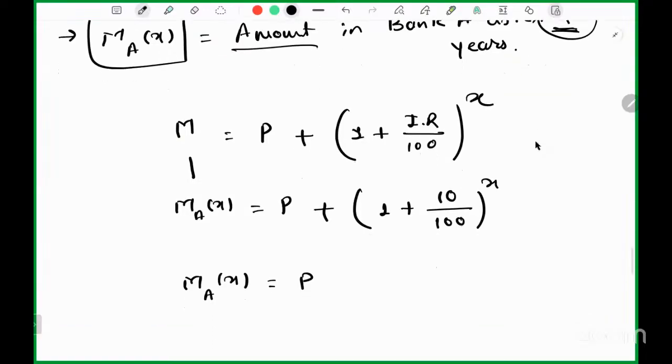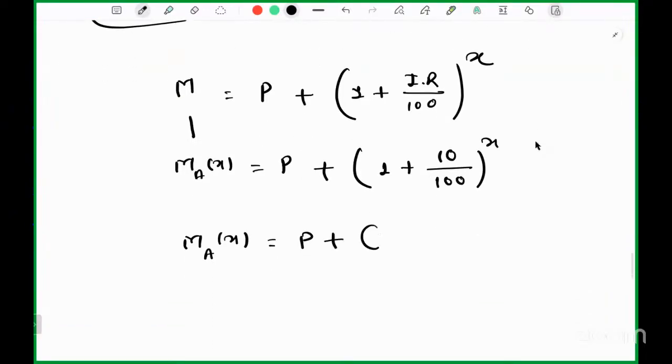So MA of X is P times 1 plus 0.1, to the power X, or as given in the option, P into 1.1 to the power X. This is your function MA of X. Now you can find MA of 10, the amount she withdrew from the bank after 10 years, by substituting 10 in place of X.